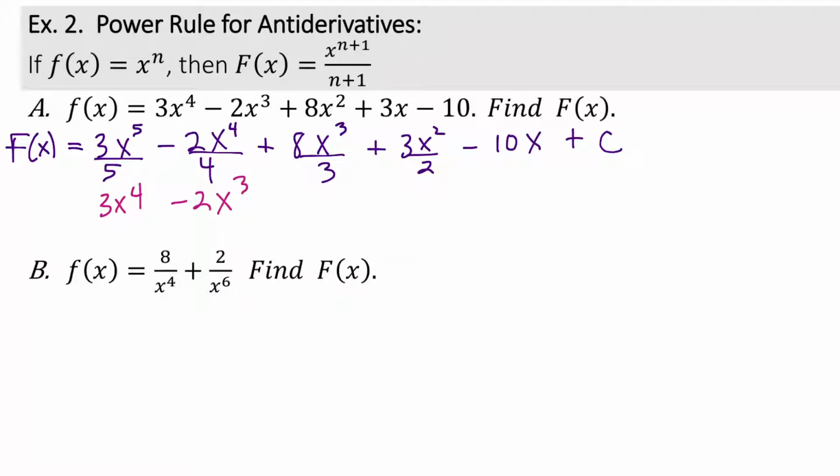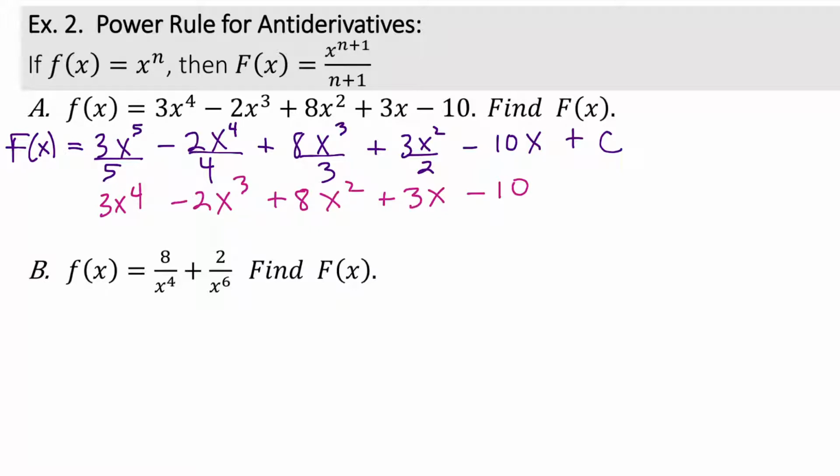The derivative of 8/3 x cubed, multiplying by 3 would cancel that 3 in the denominator, so we would get 8x squared. The derivative of 3x squared over 2, if I multiplied by 2, the 2's would cancel, and I get 3x. The derivative of negative 10x is negative 10, and the derivative of a constant is 0. So we verified that if you take the derivative of the antiderivative, you get back to the original function.